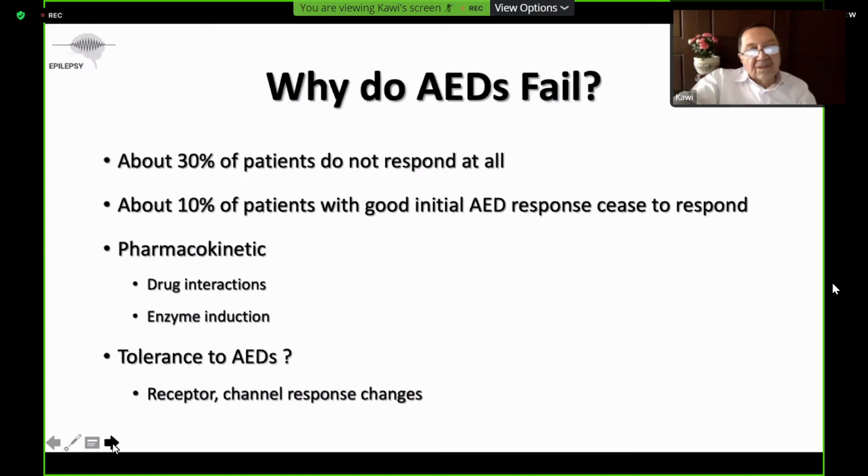Either there might be some drug interaction, he may incidentally take another medication that will reduce the blood level of his medication, or he takes another medication that induces enzymes that eat up the anti-epileptic medication that he's taking, or there might be some tolerance to the anti-epileptic drugs. The body has the characteristic of adaptation.